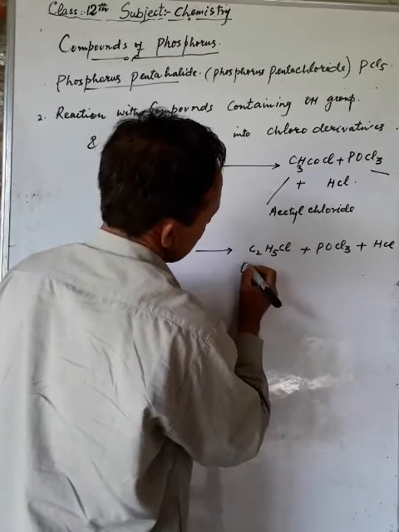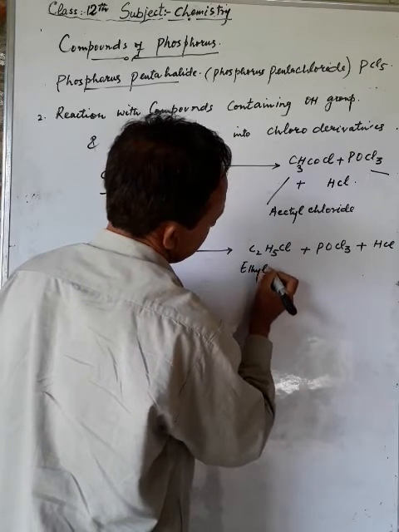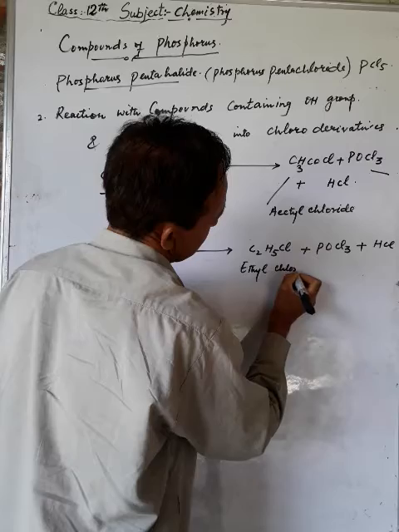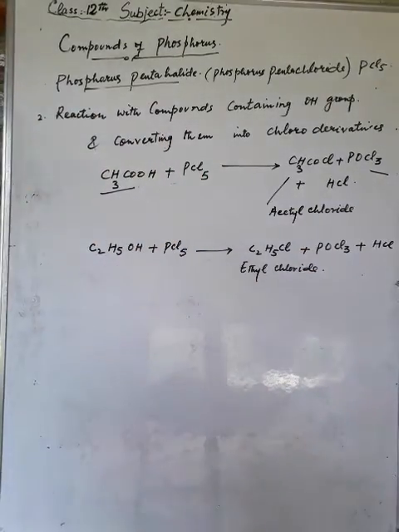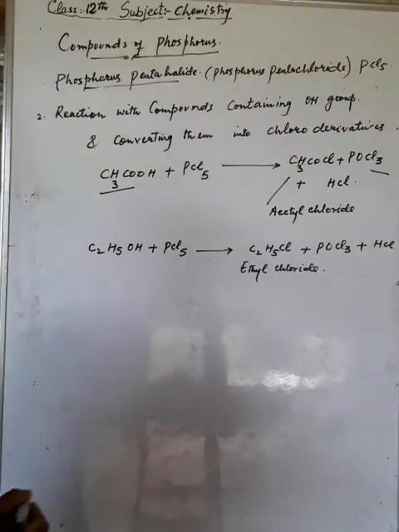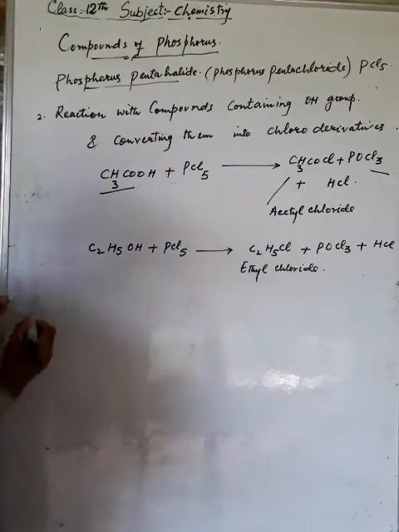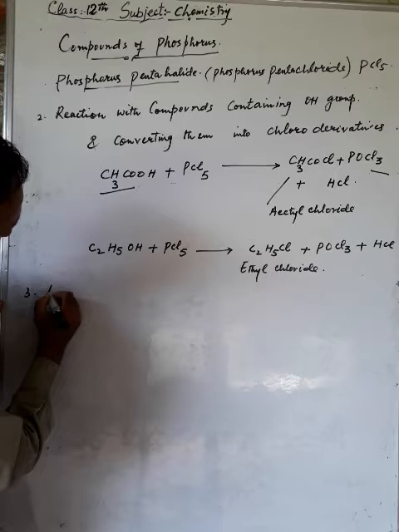This is ethyl chloride. This is the reaction of PCl5 with the compounds containing OH group.